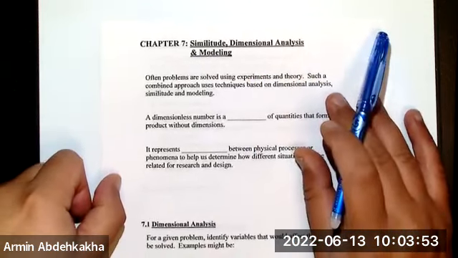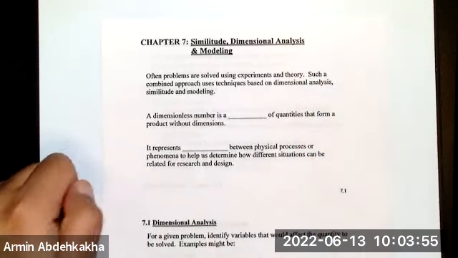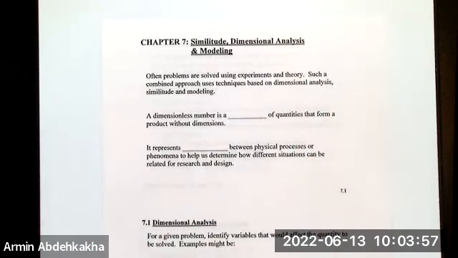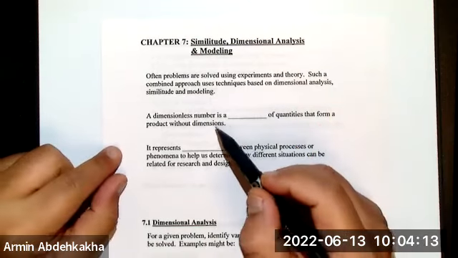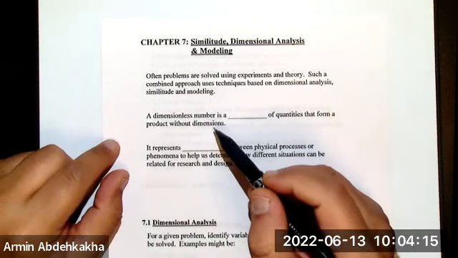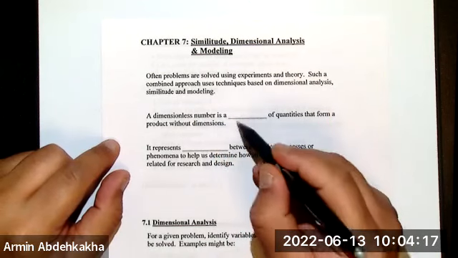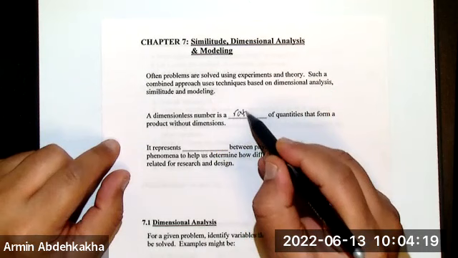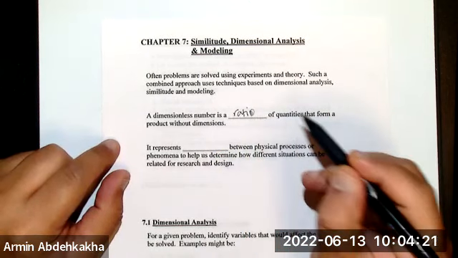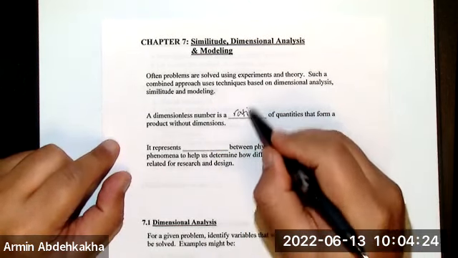A dimensionless number that I gave you as an example is the Reynolds number. If you remember, we added an additional topic in chapter 1 and talked about the Reynolds number, because that's one of the most important dimensionless numbers. Like the Reynolds number, a dimensionless number is a ratio of quantities, right?